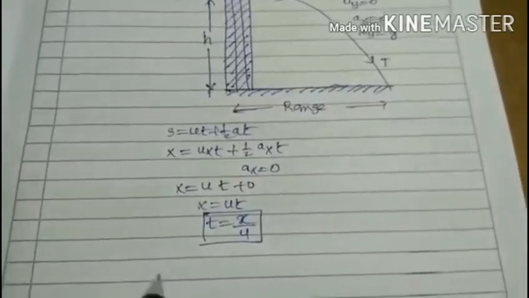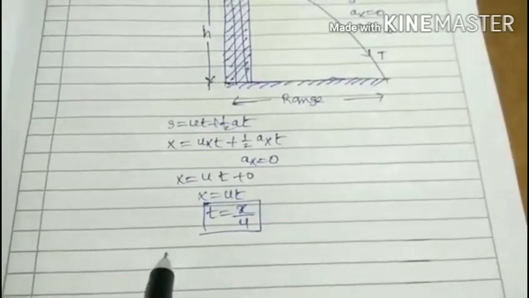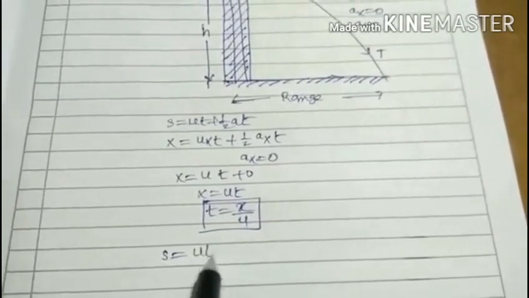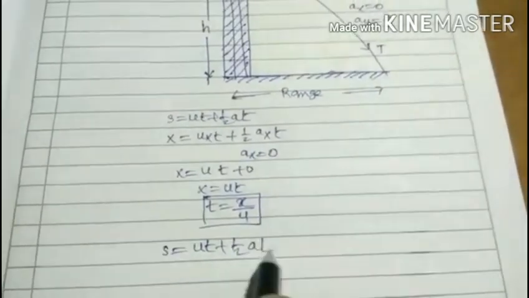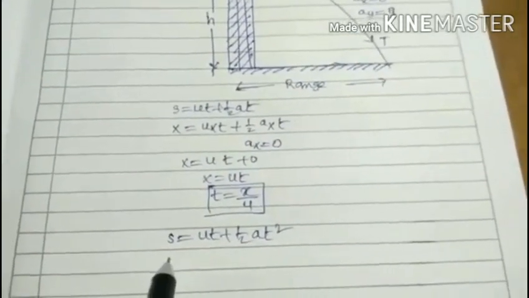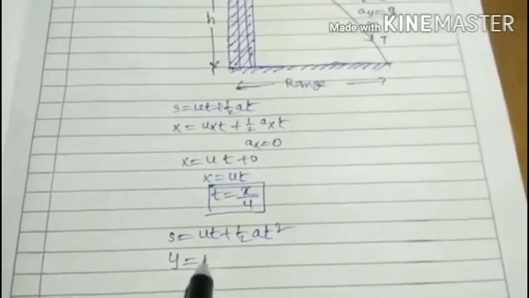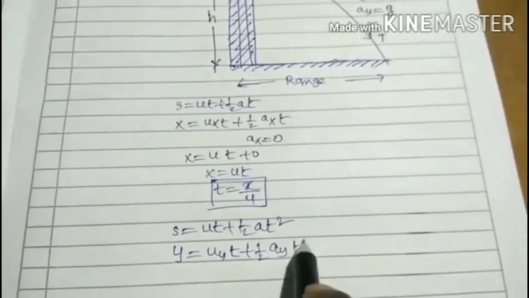Similarly, along the y direction, from the laws of equation of motion, s is equal to ut plus half at square, so y is equal to uy into t plus 1 by 2 ay into t square.